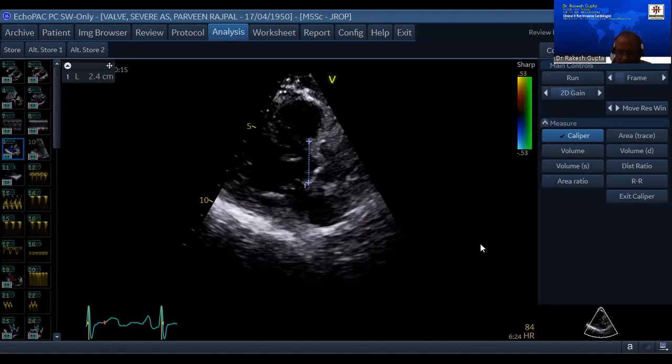Precise calculation of LVOT diameter. (1.2 into 1.2) into 3.14 into 28.73 divided by VTI of aortic valve, that is 92 centimeters. The area comes out to be 1.41 centimeters square.